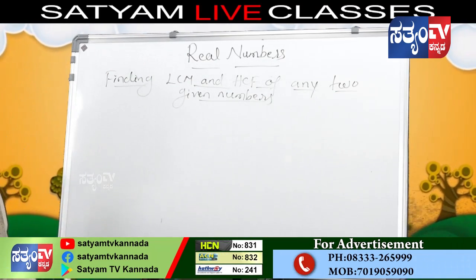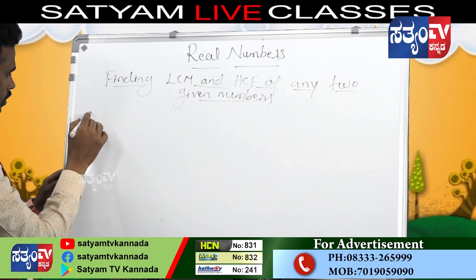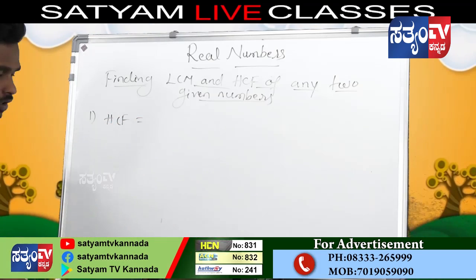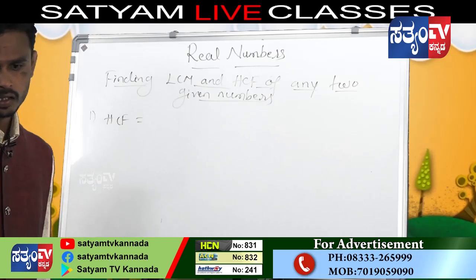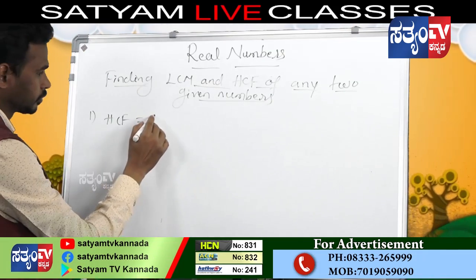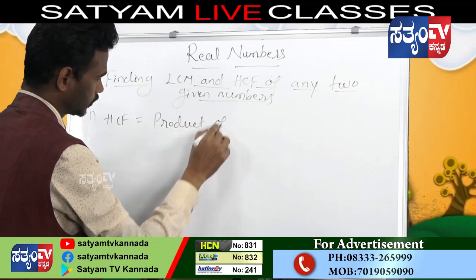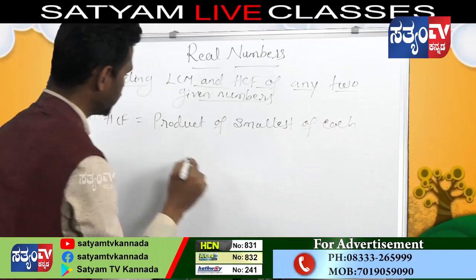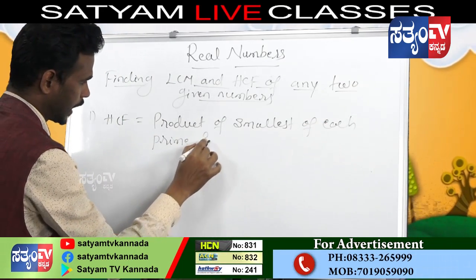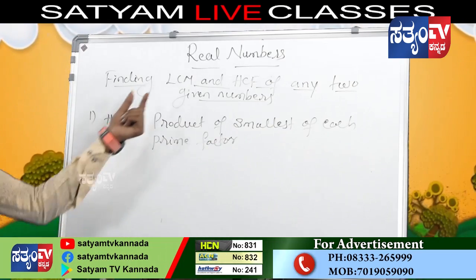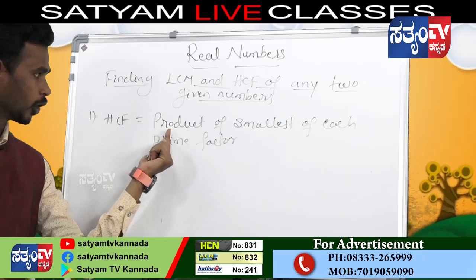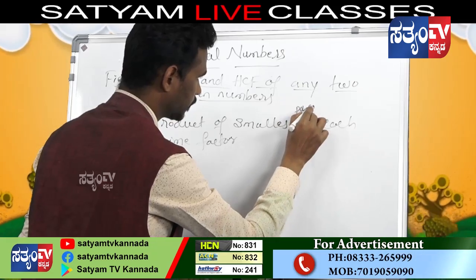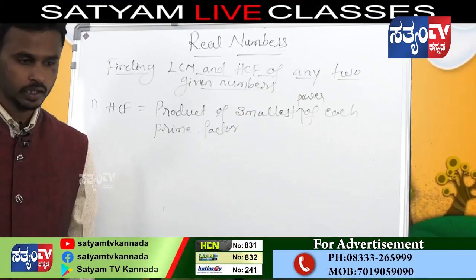For finding the HCF of any two numbers, we need to follow this: the product of the smallest power of each prime factor.